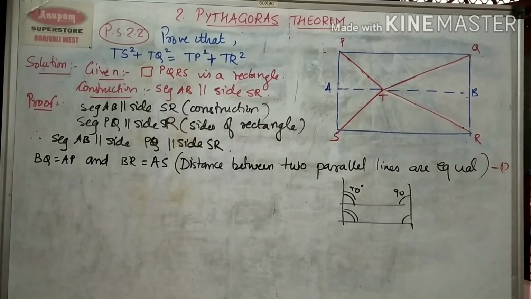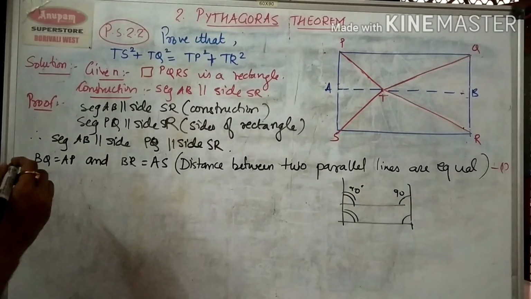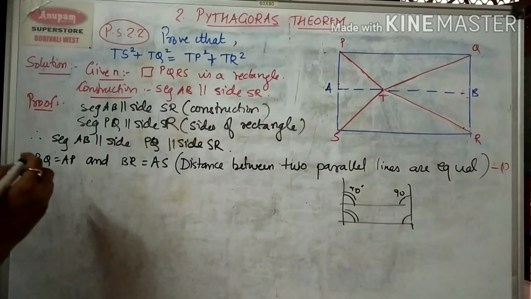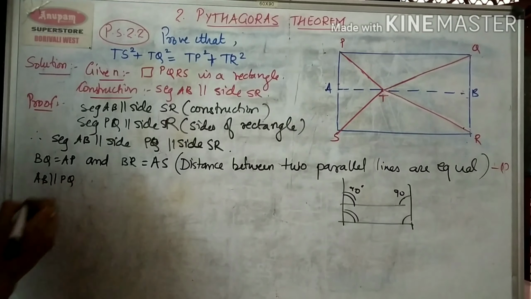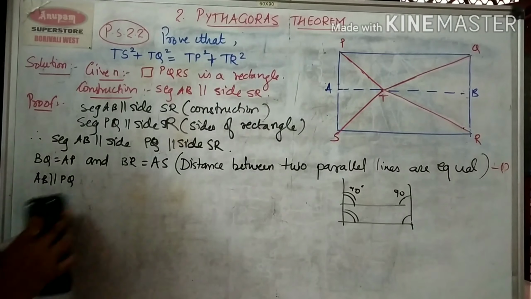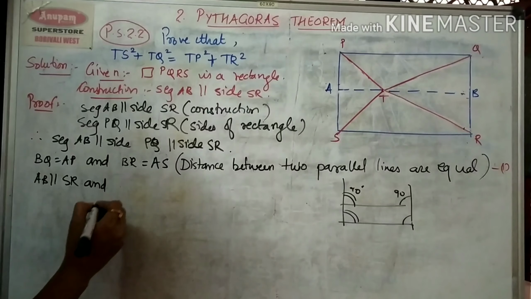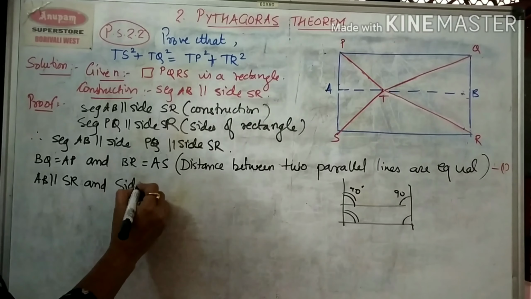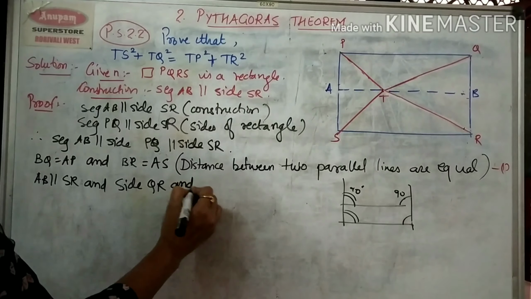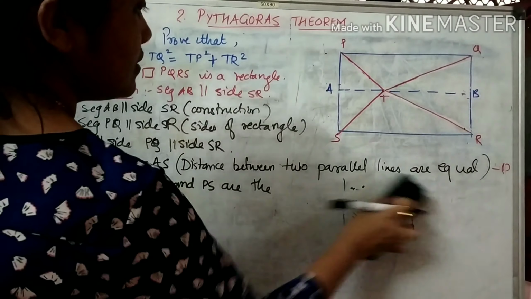Let us write that. We will write down AB is parallel to PQ. AB is parallel to SR, and sides QR and PS are the transversals.